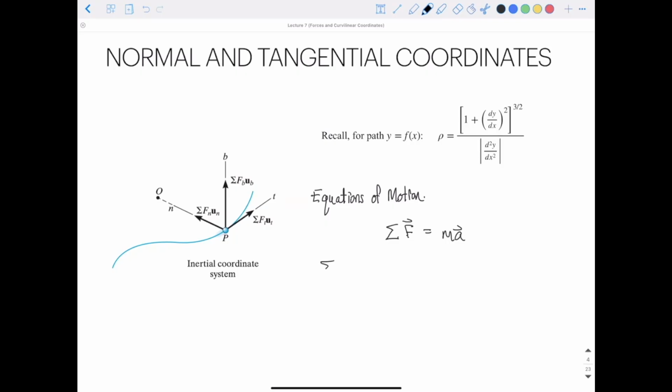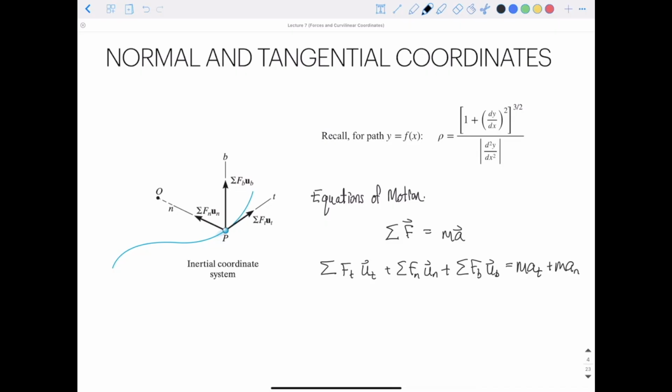So our three component forces can be the sum of the force in the tangential direction times the tangential unit vector, plus the sum of the force in the normal direction times the normal unit vector, plus the sum of the force in the binormal direction times the binormal unit vector, all equal to our mass times our tangential acceleration plus our mass times our normal acceleration. Notice there's no binormal acceleration because by definition, there's no motion in and out of that plane.